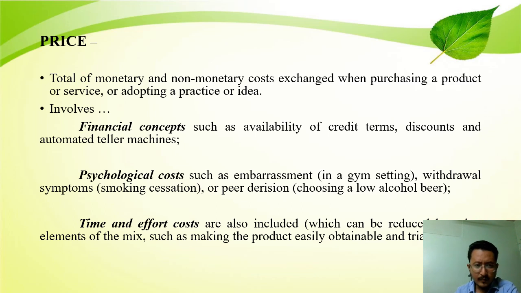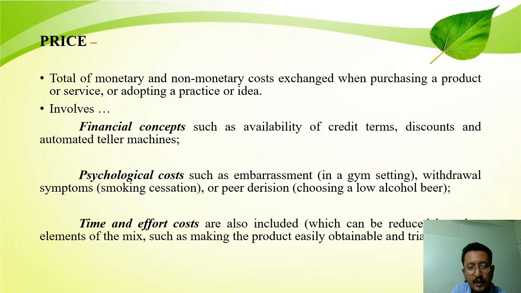The other very important pricing element in social marketing is the time and effort cost. The main goal or idea of the social marketer is to reduce these prices in order to bring a desired change, or in order to change the behavior of an individual or group of people.